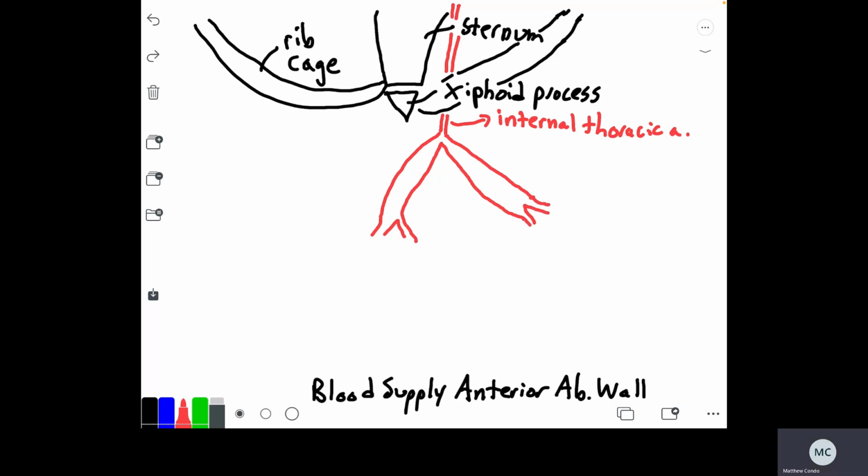Let's split off a branch here, and another branch going out a little more laterally. The branch that's going to go essentially in a sagittal plane direction, traveling from superior to inferior, is going to be the superior epigastric.